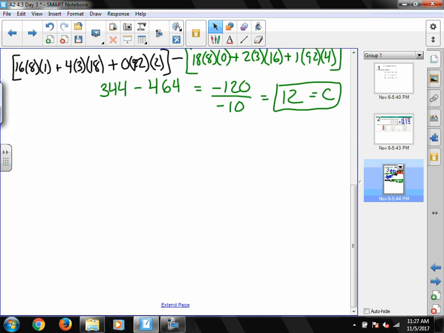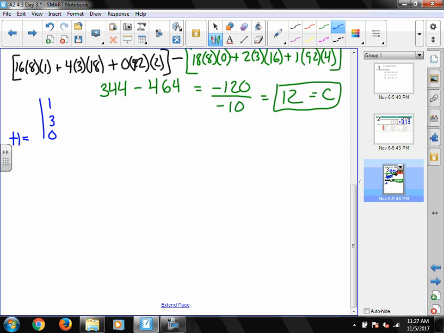So my matrix ends up looking like this to find my H. And you get 1, 3, and 0, same as what it was in A. Then I'm going to get 16, 92, and 18 here, and 0, 3, and 1. Divided by a determinant of A, negative 10. That's why I like to calculate those right away. Just get it out of the way early on.